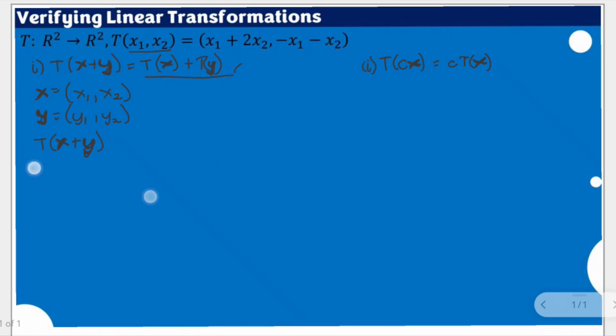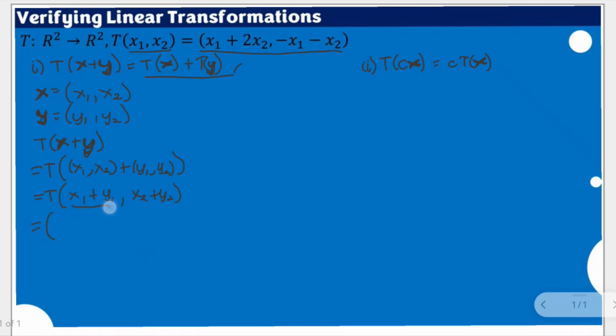So in this case, using the entries of the vectors, you have x sub 1, x sub 2 plus y sub 1, y sub 2. Before we take the transformation, let's take their sum. You have x sub 1 plus y sub 1, and x sub 2 plus y sub 2. From here, since we have two entries now, we are going to use the given definition of the transformation.